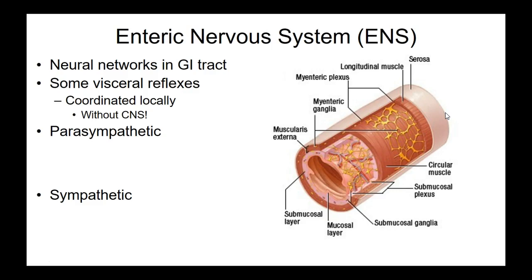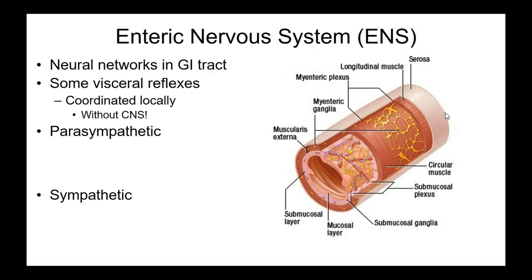And so here we have neural networks in our GI tract. Some of the visceral reflexes can be coordinated locally, but the CNS can superimpose some control over it. Okay? So it's kind of like having a motor and then just directing the motor in the direction that it wants to go. And then we can have turning up and turning down that motor a bit.